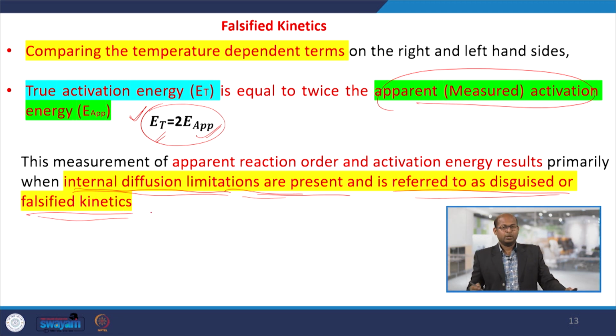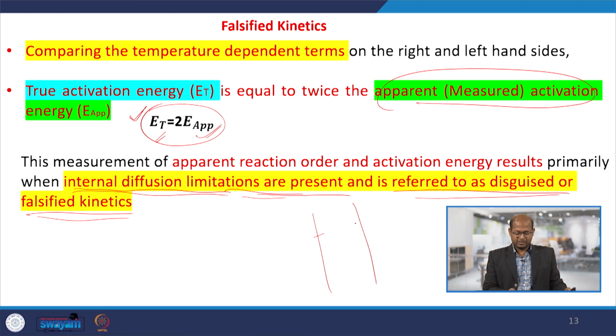It means that if we derive or measure the order and activation energy for a system without considering internal diffusion, then we will not get exact or accurate values.